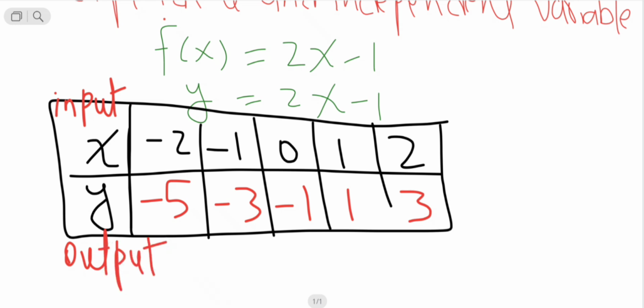As we did this one, x is minus 2, when you put x as minus 2 you will get y as minus 5, so y is output, x is input. Clear? Okay, but we will not use these terms input and output. For higher grades we will use another term. X we say domain. X is what? Domain.